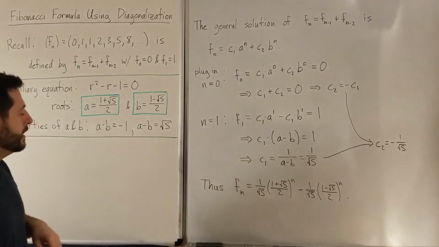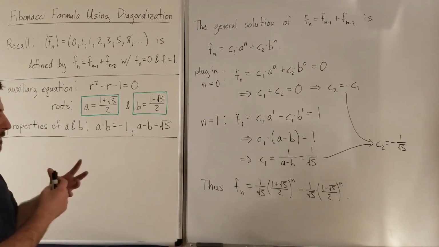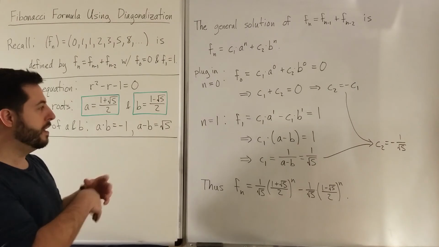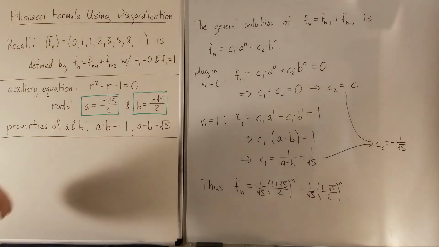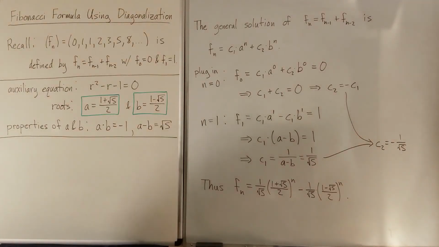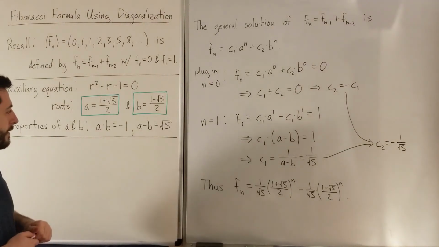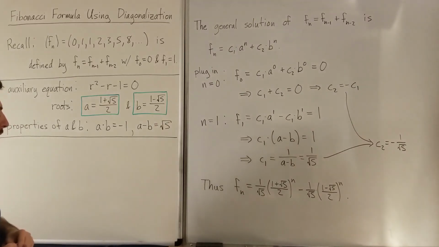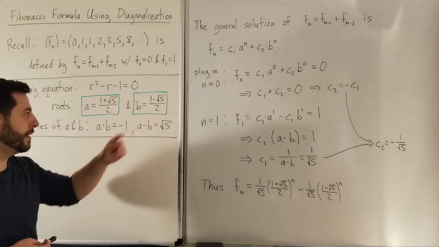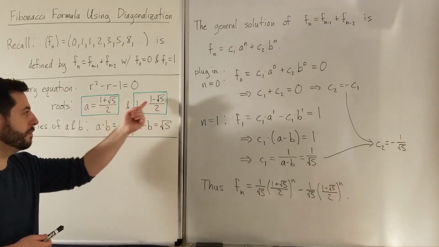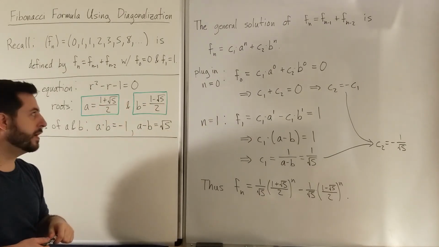In order to avoid raising phi with a prime in it to a power, I'm just going to use a and b. Okay, so some properties of a and b that we'll need are, first of all, the product of a and b is -1. There's two ways to see this. First of all, you could just take this fraction, multiply by that fraction. Multiplying the numerators together would give you a difference of squares.